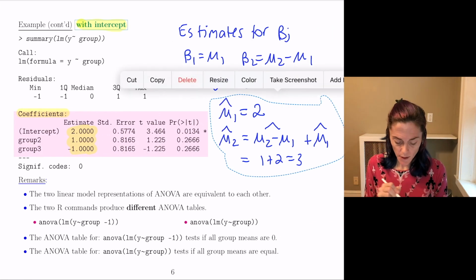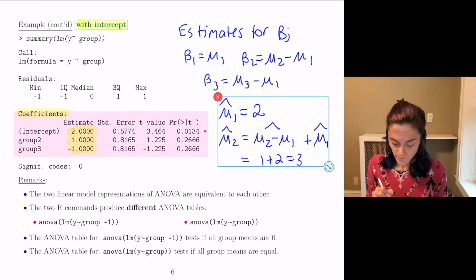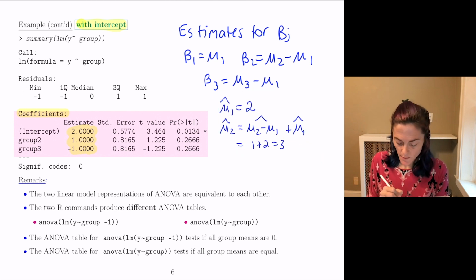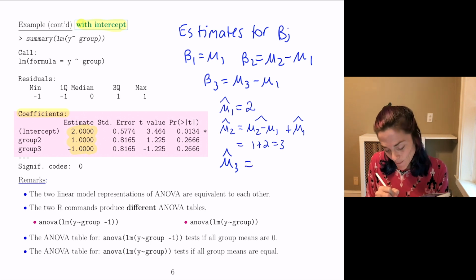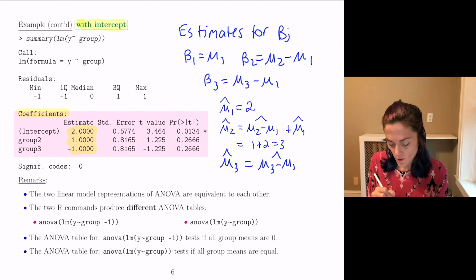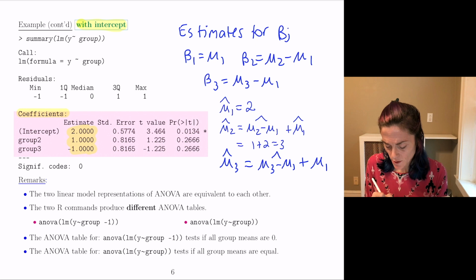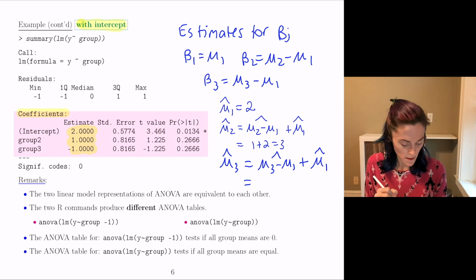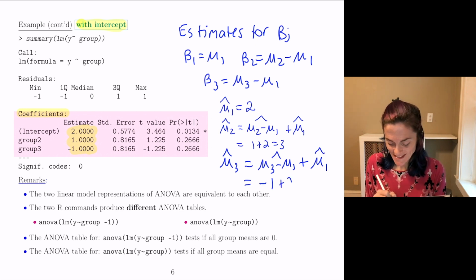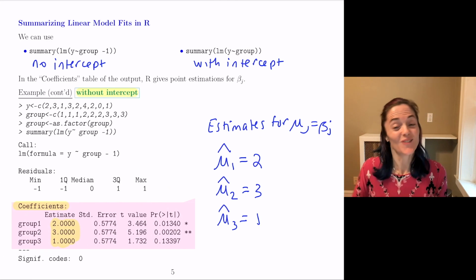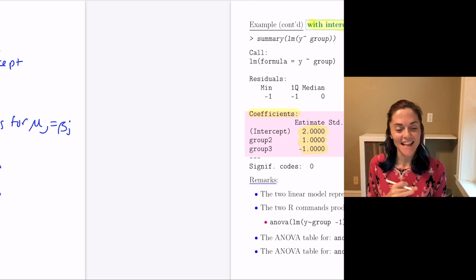And similarly, we can do mu3. If you wanted this point estimate for the third group mean, you would take the estimate given in your table for beta 3 and then add the estimate in your table for beta 1. So you get -1 plus 2 equals 1. Okay. Wonderful. Just like we got in the last table.